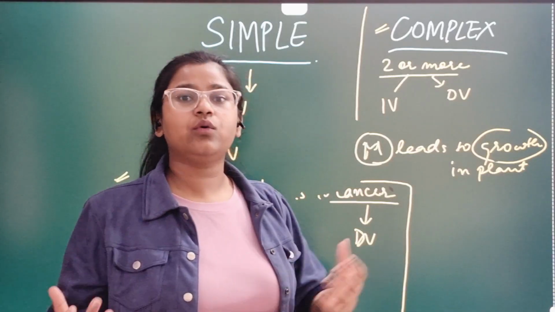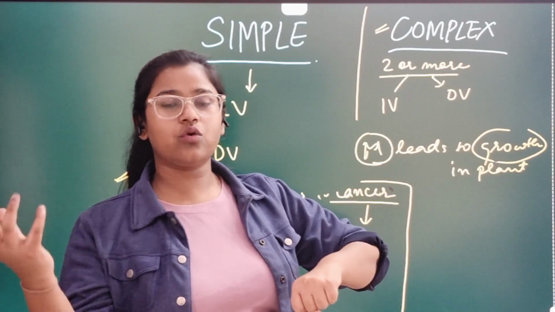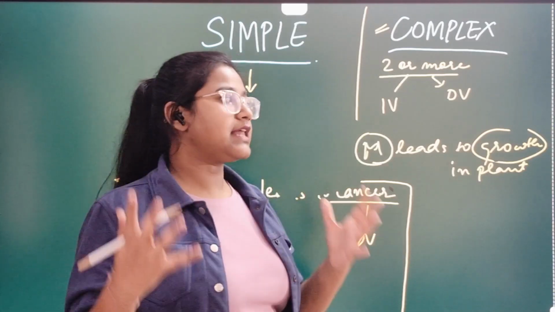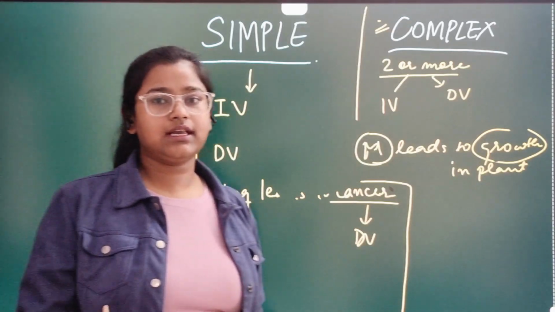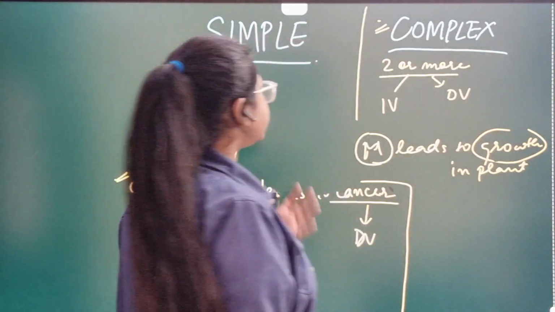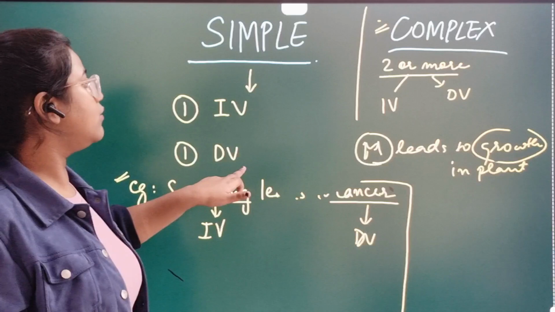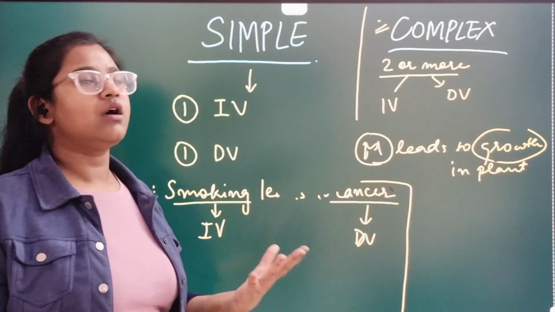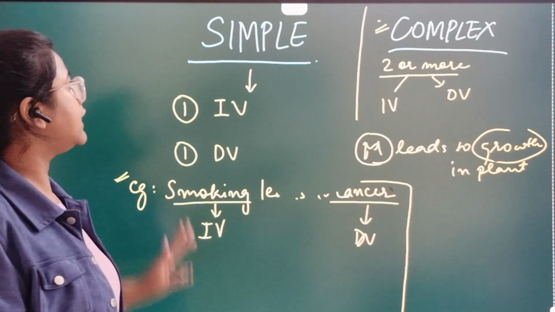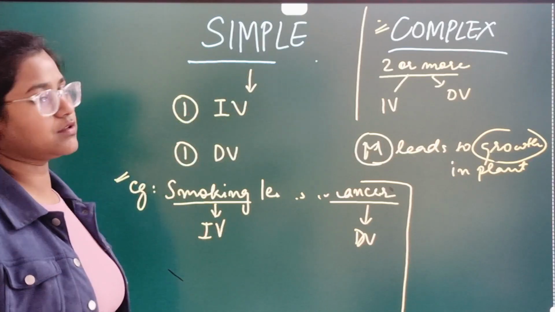So I add two or more independent variables, two or more dependent variables. That brings me to my complex hypothesis. Is it clear? It is very simple. One each, or two or more. When I have variables which are more than one, that is your simple and complex hypothesis.